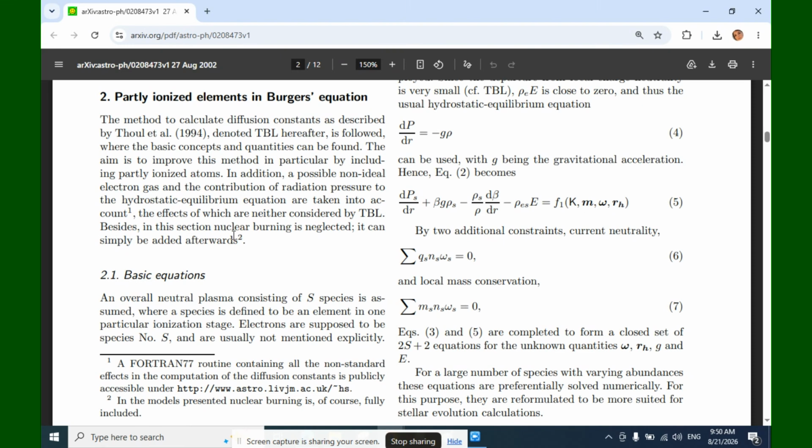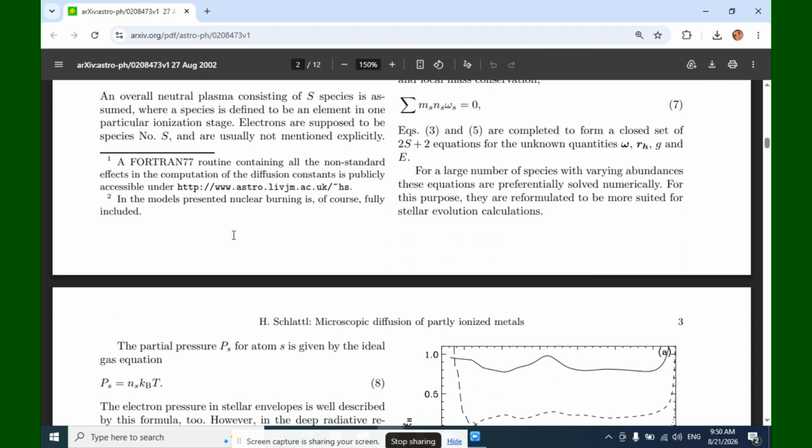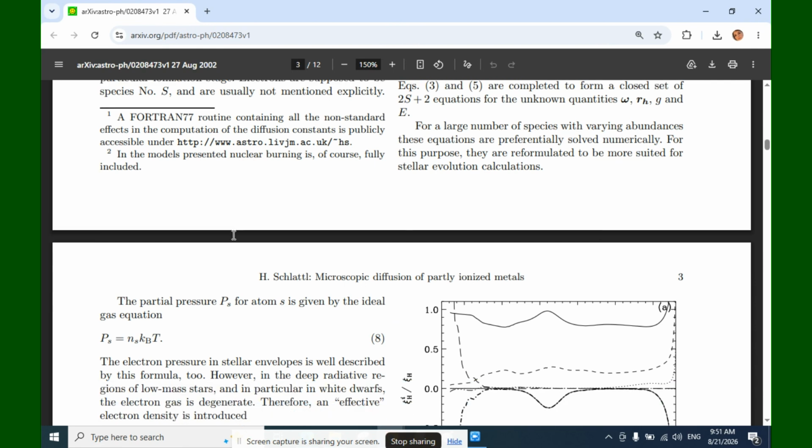Equations 3 and 5 are completed to form a closed set of 2S plus 2 equations for the unknown quantities omega, H, g, and E. For a large number of species with varying abundances, these equations are preferentially solved numerically. For this purpose, they are formulated to be more suited for stellar evolution calculations.